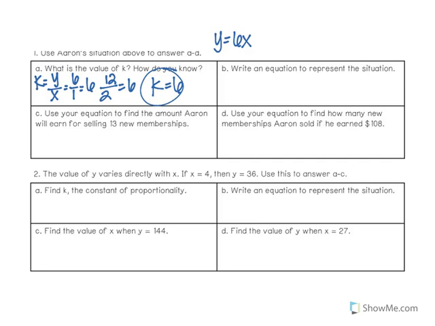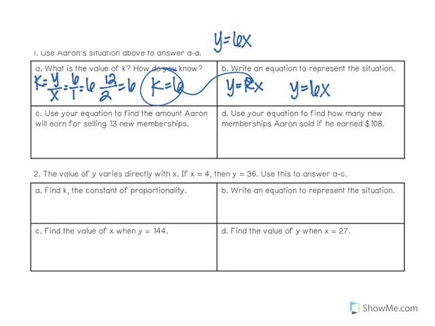When we're writing the equation, while I wrote y equals mx plus b, that was a non-proportional relationship, y equals kx is our proportional relationship. So we would plug the 6 into k, and you get y equals 6x.